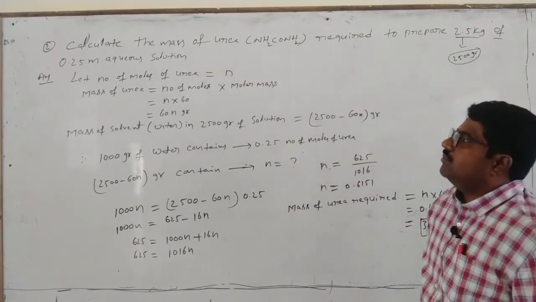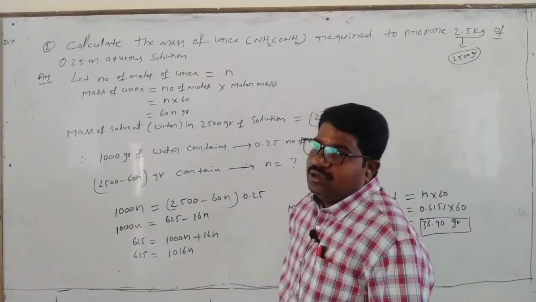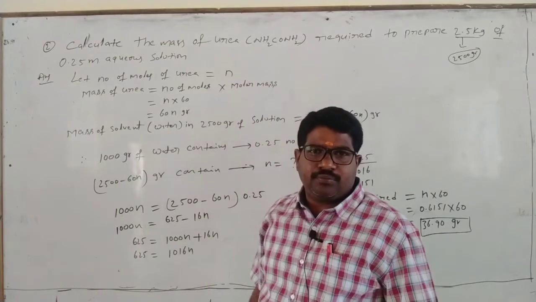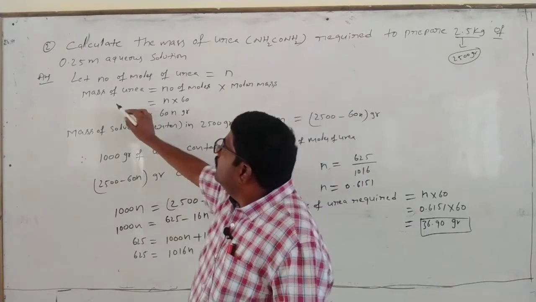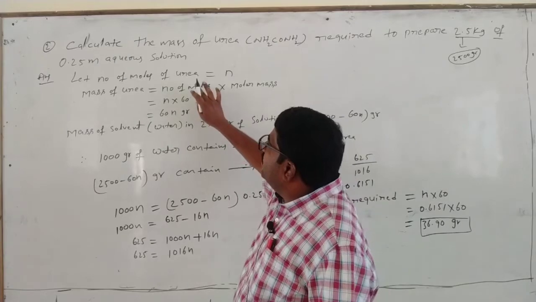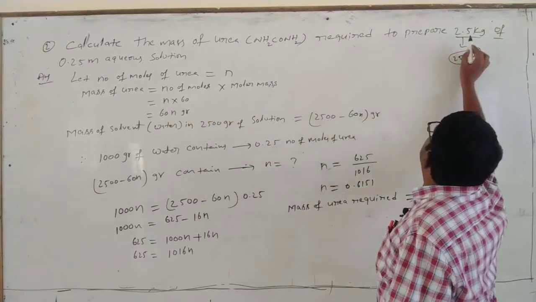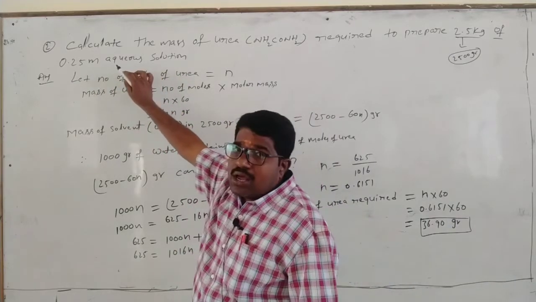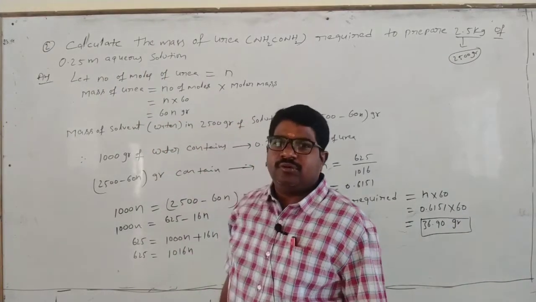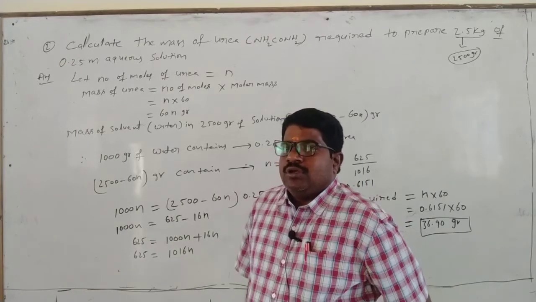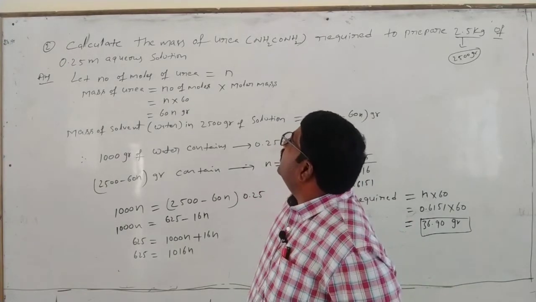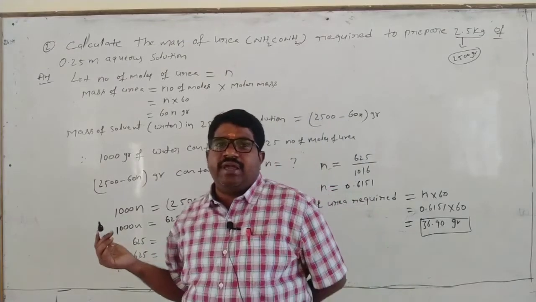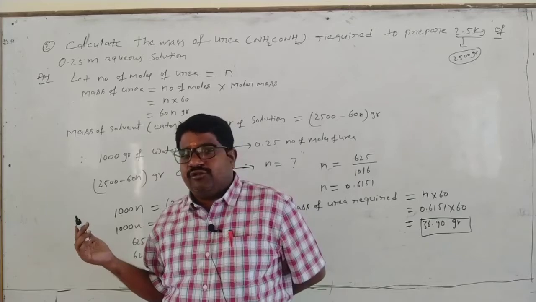So how to calculate the mass of the urea? Now consider, let the number of moles of urea be n. Here, required to prepare the 2.5 kg of 0.2 molar aqueous solution. So that is why you have to calculate how much weight of urea is present, which you don't know.